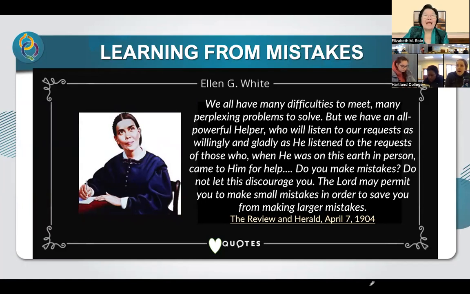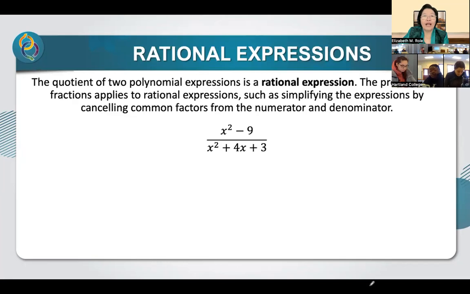Now, we just want to introduce, for the next 10 or so minutes, rational expressions. You will find out that in rational expressions, we will be using a lot of factoring. A rational expression is the quotient of two polynomial expressions.